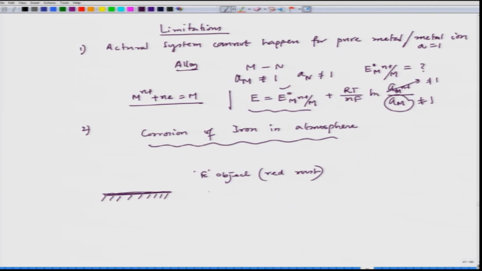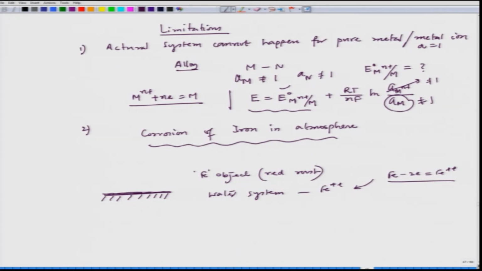Now, in the beginning, even if we take pure iron, in the water system we do not have iron ions, and later of course they come from iron by these reactions.